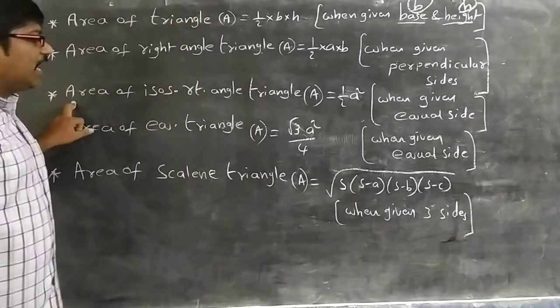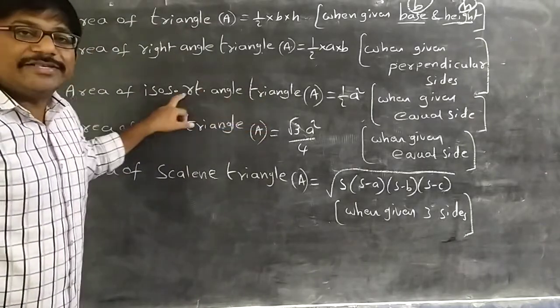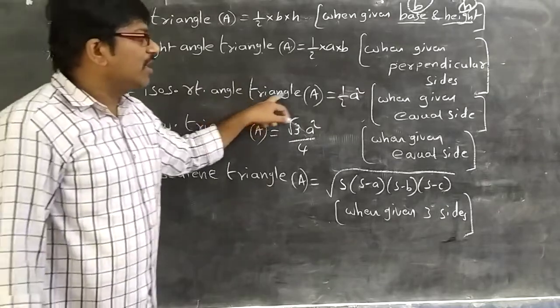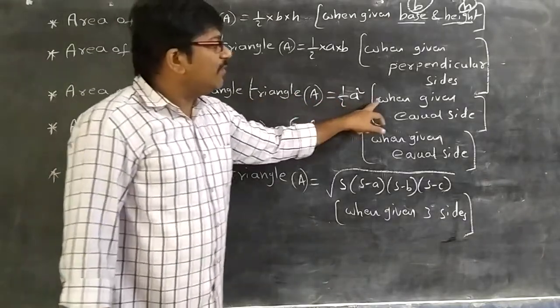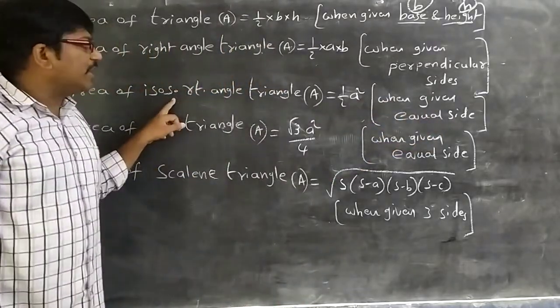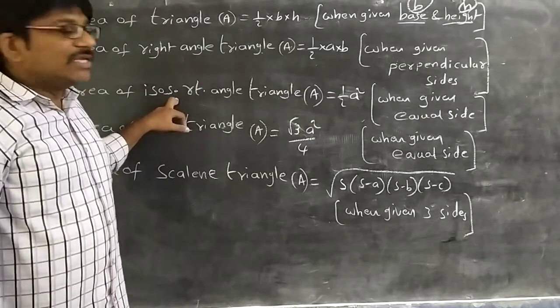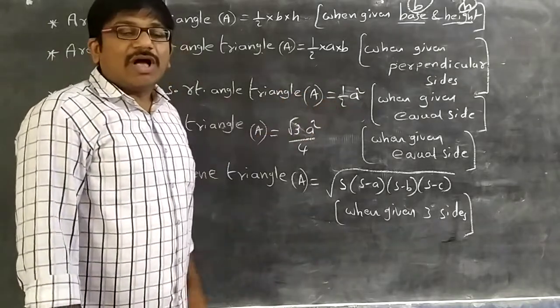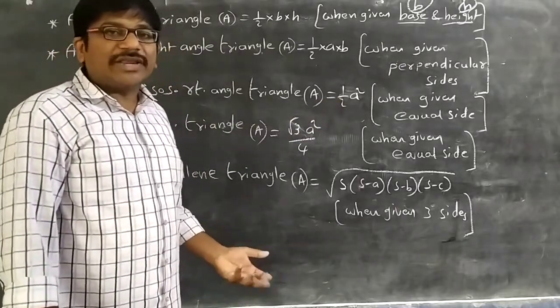Next, area of isosceles right angle triangle A is equal to half into A square. Here we use it when given the equal side, right? In a right angle triangle, A is the equal perpendicular side. So half into A square, half into A into A. A is base, again A is height. Both are equal.